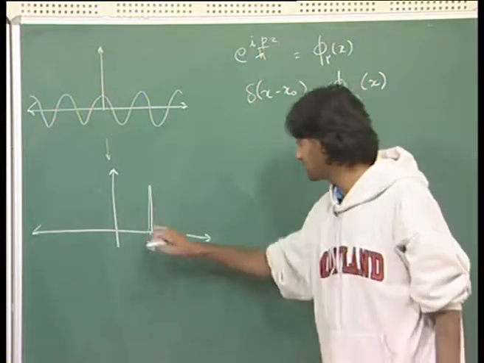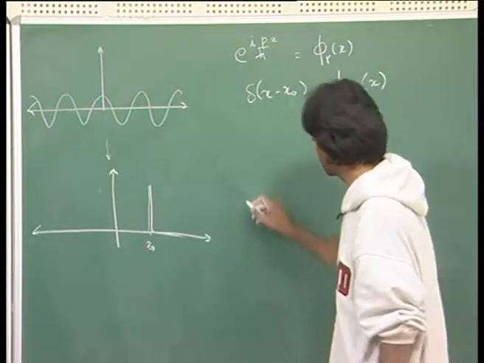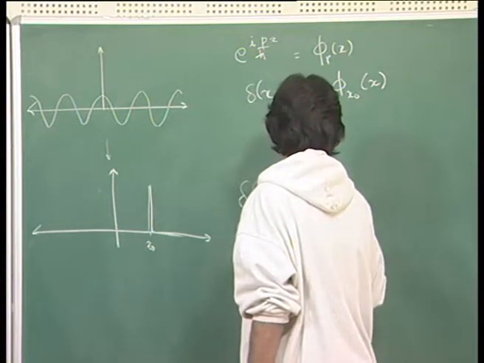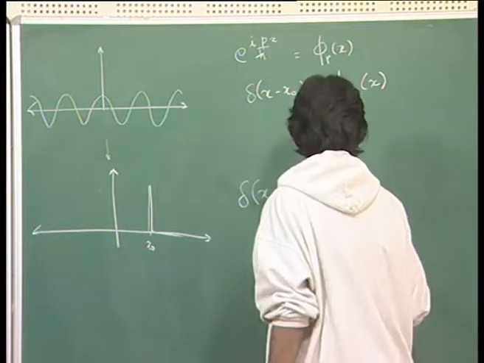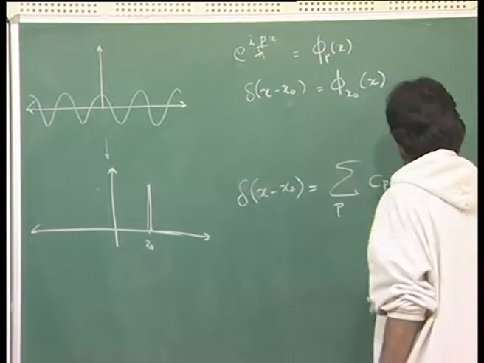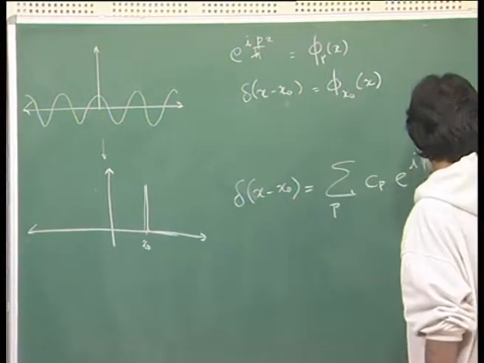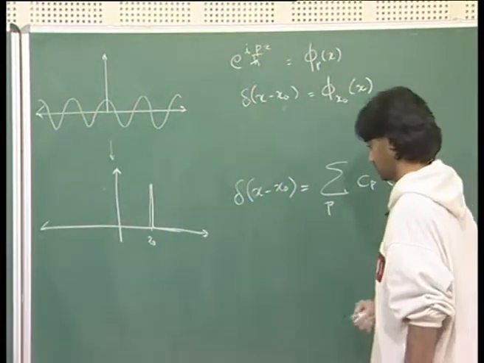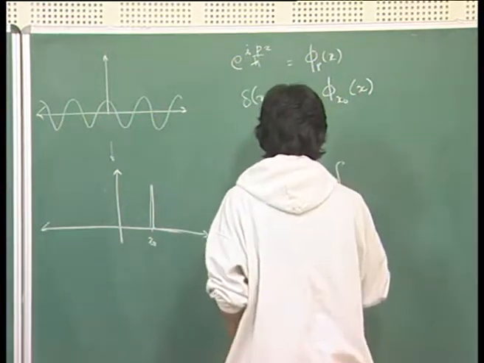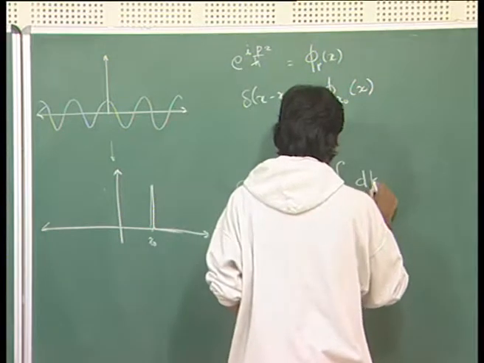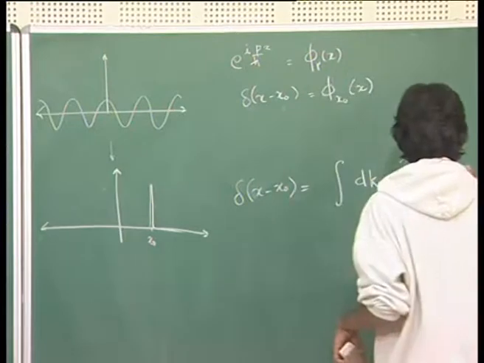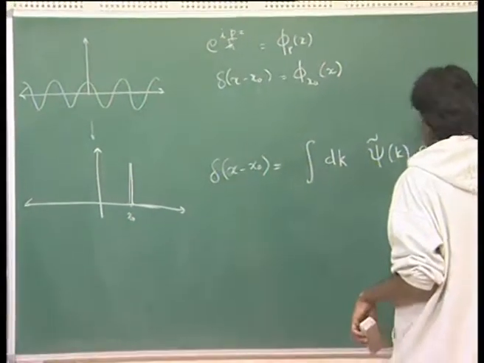So, if you have a definite value of position, okay, you can write delta of x minus x0 as a sum over p of c p e to the i k x, well, we can write this as the integral dk psi tilde of k e to the i k x.